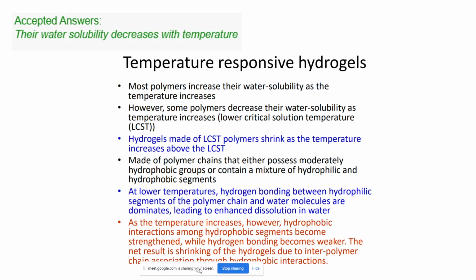What happens exactly is, as the temperature increases, the hydrophobic interactions among the hydrophobic segments become strengthened, and the hydrogen bonding becomes weaker. So the net result is shrinking of the hydrogels due to interpolymer chain association through hydrophobic interactions. At lower temperatures, the hydrogen bonding between hydrophilic segments of the polymer chain and water molecules dominates, but at higher temperature, the hydrophobic interaction dominates, making them less soluble in water.